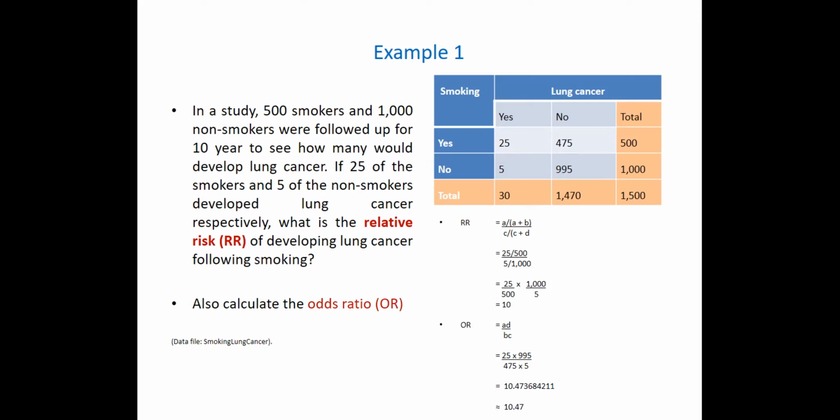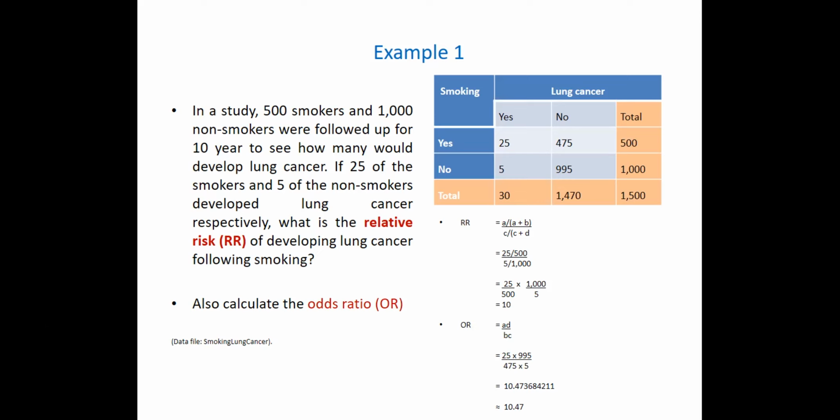The risk is the total number of those people that smoke and develop cancer over the total number of those people that smoke, whether they develop cancer or not. On this table, that is 25 over 500. So it is the total number of people that develop cancer over the total number of people in that category that smoke.